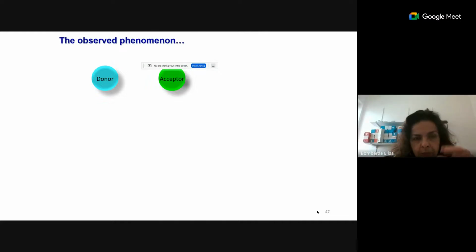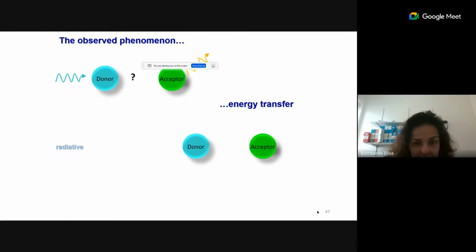We have a molecule that we call donor, and a molecule that we call acceptor. So what happens? We excite the donor, then we observe the emission of the acceptor. And what happens in between is this energy transfer. And that can be radiative.